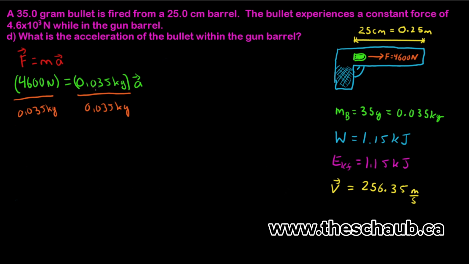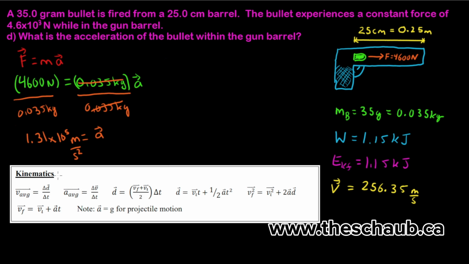On this side, 0.035 kilograms divided by 0.035 kilograms is 1, leaving us with our acceleration. And on this side, 4,600 divided by 0.035 kilograms gives us an acceleration of 1.31 times 10 to the 5 meters per second squared.